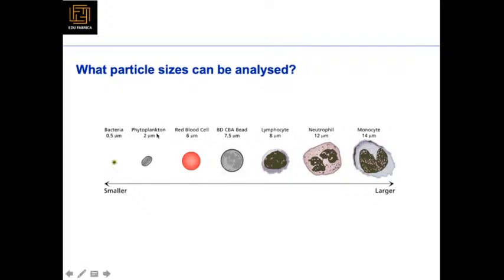You can see red blood cells being 6 micrometer, lymphocytes 8 micrometer, neutrophils 12 micrometer, monocytes 14 micrometer. So you can sort all these cells according to size, structure, and morphology, from the smallest to the largest.